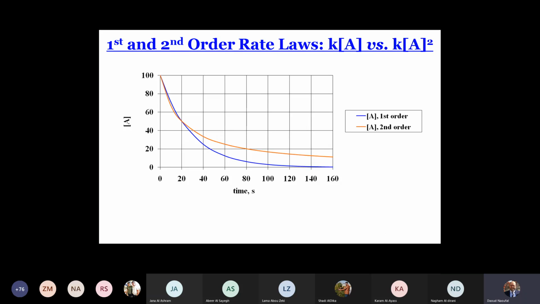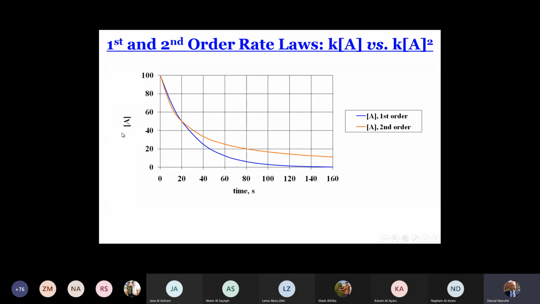The variation of ln A as a function of time is a straight line, but the variation of A as a function of time for a reaction of order 1 is a curve. For a reaction of order 2, 1 over A as a function of time is a straight line, but A as a function of time is a curve.